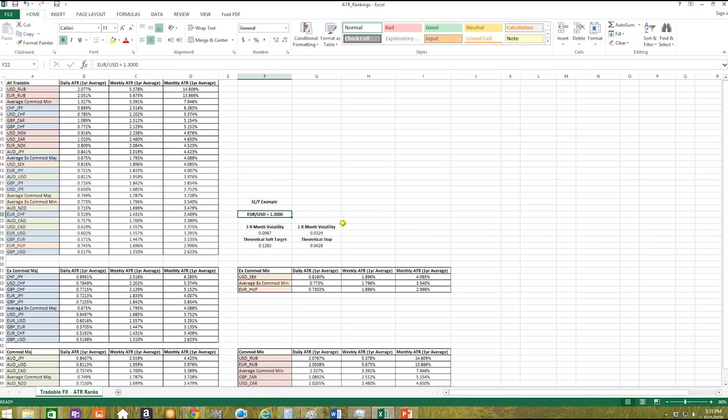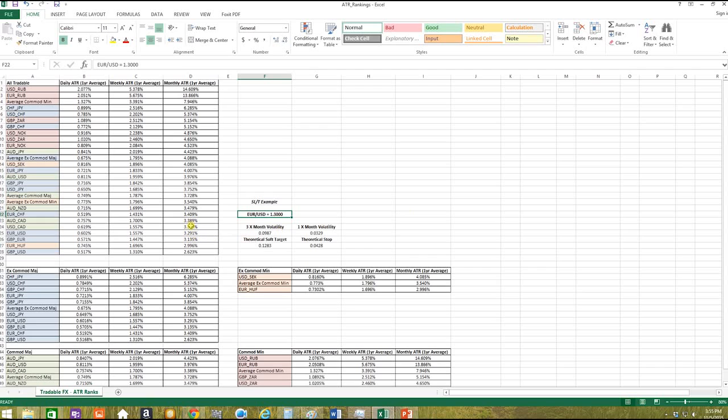So if we use the example that we were using earlier, where euro dollar is at 130, and we're not applying a points system, we're applying a percentage system, then we're going to assess on our time frame 1 and 3 month volatility and look at our theoretical soft target and our theoretical stop.